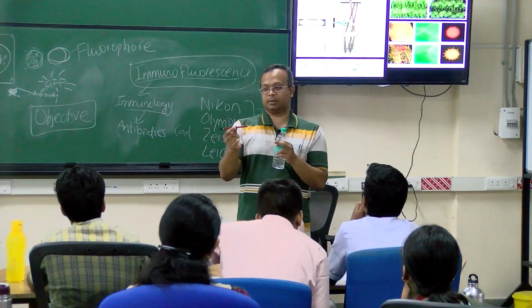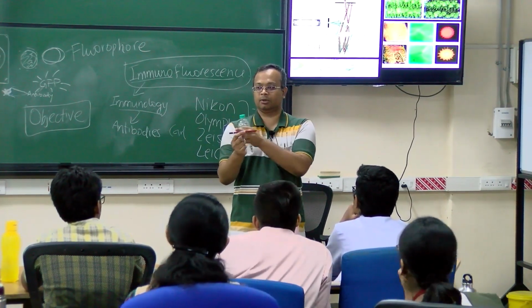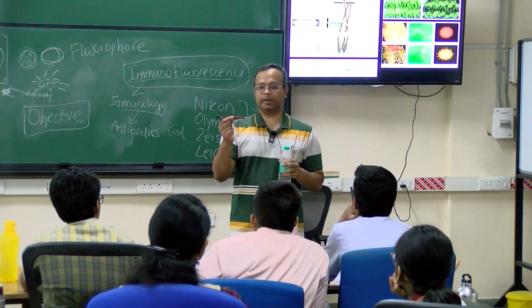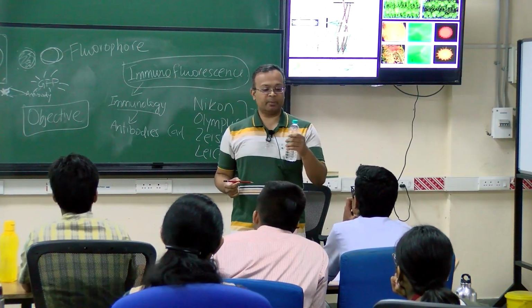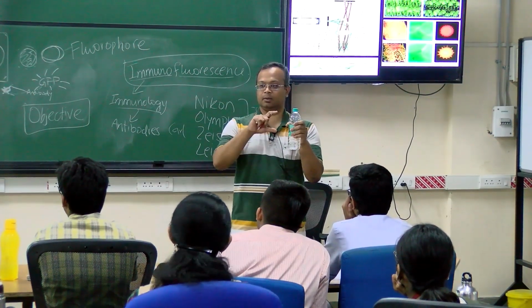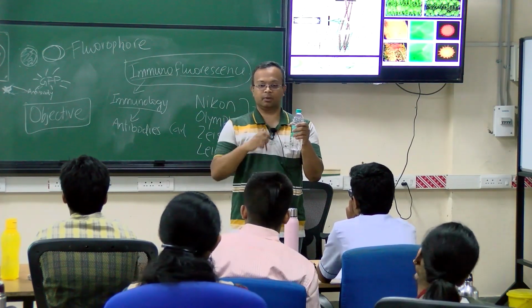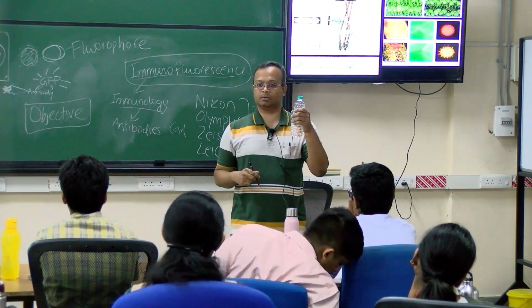If I put this under the microscope, I can capture this whole rod shaped bacteria in one plane. But let's say my bacteria is like this. The microscope objective has a certain working distance, it cannot go above and beyond, and this is a very thick sample. So how will I image this under the microscope?